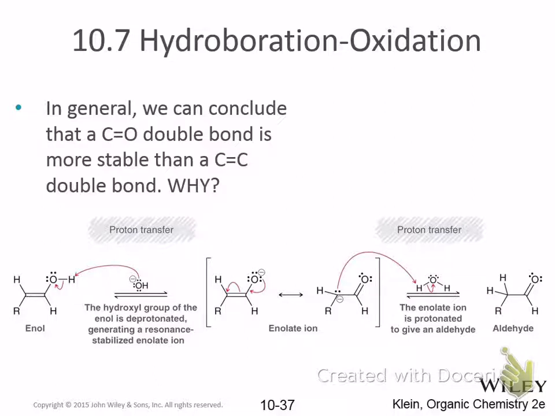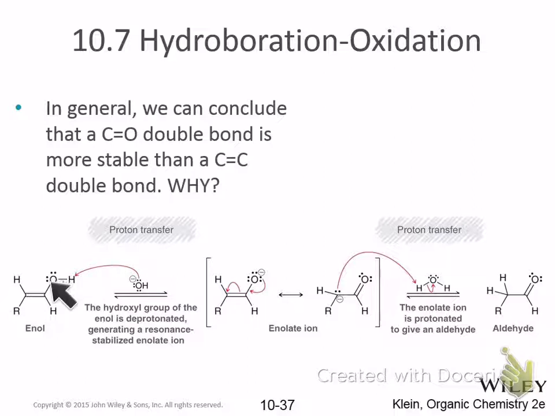So this is done under basic conditions. It turns out this keto-enol tautomerization reaction is also catalyzed under basic conditions. If you have an enol that looks like this, then the OH is a strong base.